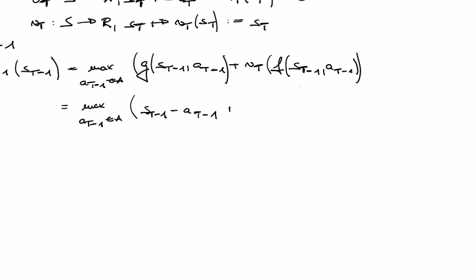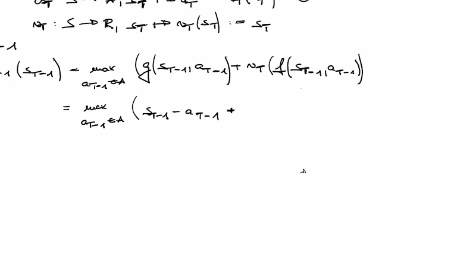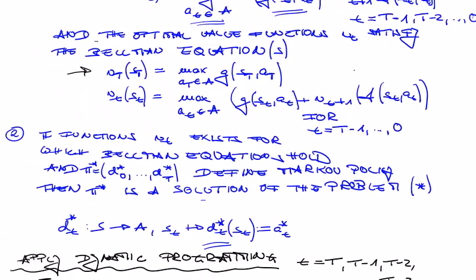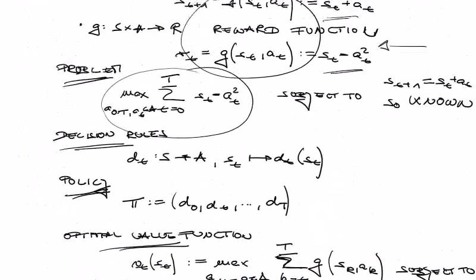And now I think the only tricky thing happens. We have to think about the optimal value function V_T at the value of the transition function evaluated for S_{T-1}, a_{T-1}. Oh, sorry, square. Yeah, thank you. I forgot something here. That's the square, which of course we can also look up, scrolling through the whole thing.